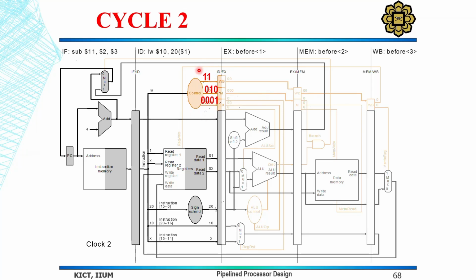These control signals are highlighted, so we will see what these numbers actually are. The control signals, as you know, are generated in the ID stage and then packed into this pipeline register.